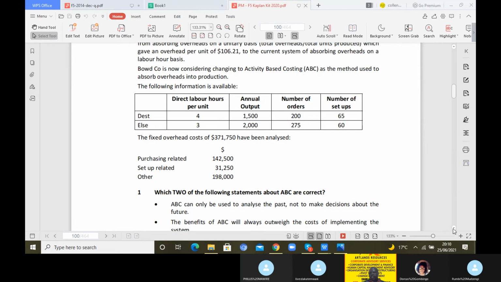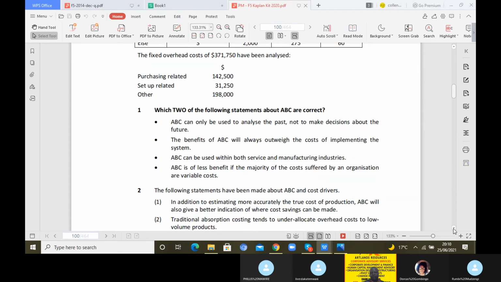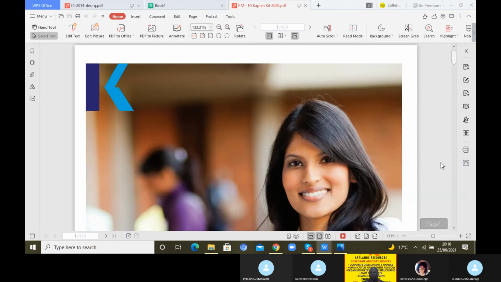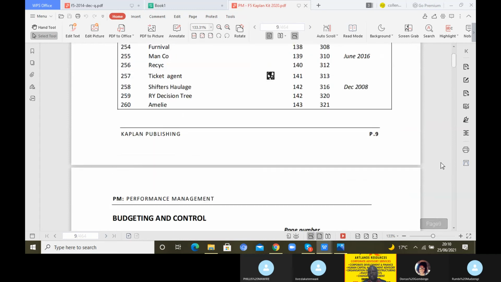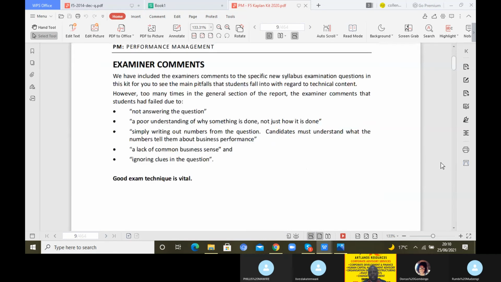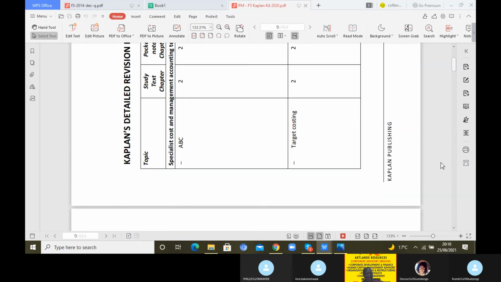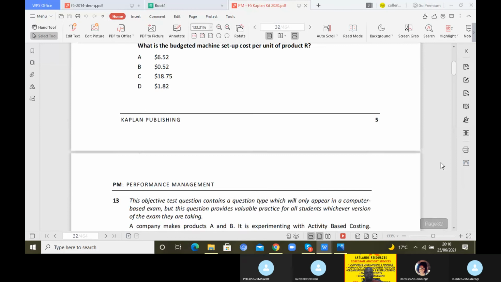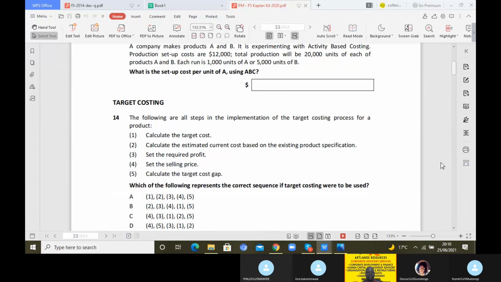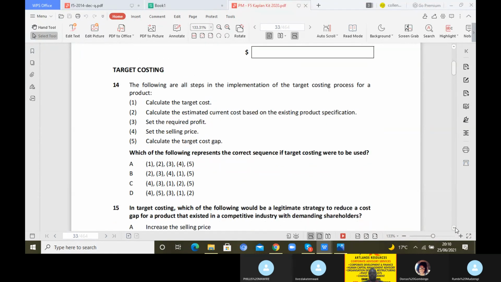You would notice, if you played last week's video on throughput accounting, that the illustrations were equally in this particular kit. Target costing. So there you go, question number 14. Now, I'm not going to do the answering. You do the answering, and then I will be saying whether the answer is correct or not.